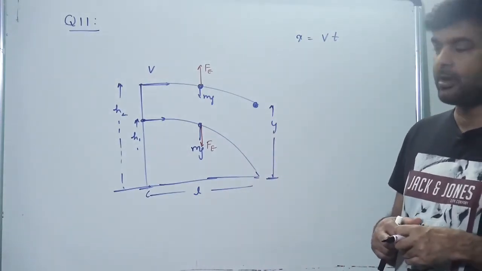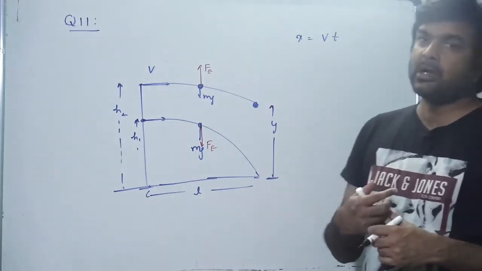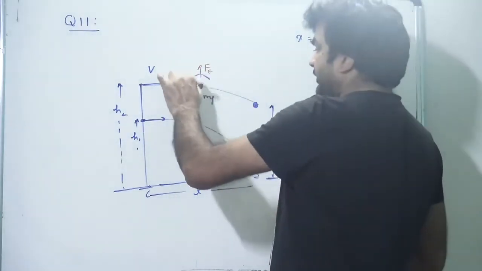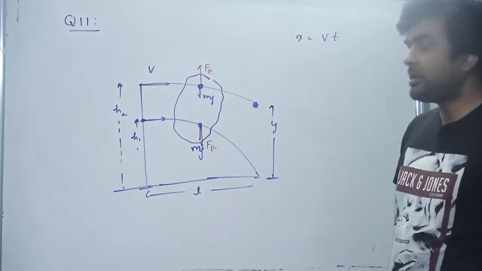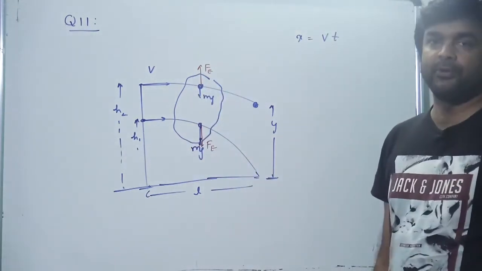Only forces are acting in the vertical direction, and if we consider this as our system, the forces mg and mg, the weights, are external forces.